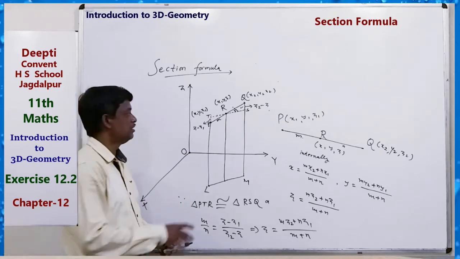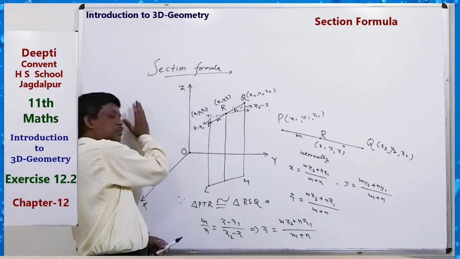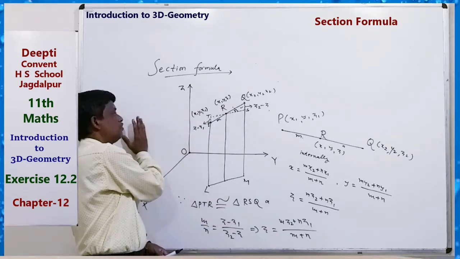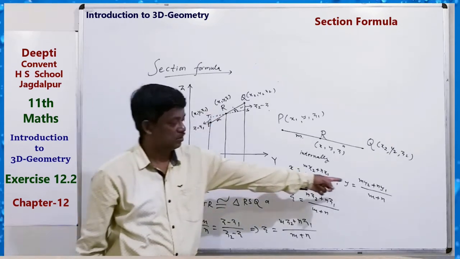Similarly, by drawing perpendiculars from P, R, Q in the other planes, the XY plane, XZ plane and YZ plane, we can get the other two values.